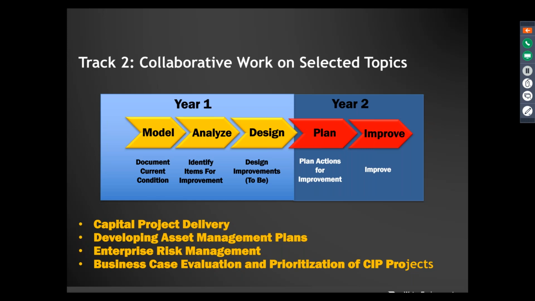So track 2 includes, like Scott described, collaborative work on selected topics. Utility partners form teams and they collaborate to apply the same UAIM methodology, in this case, right now, to 4 selected topics that are listed below. Each of the teams is led by a representative from a utility partner organization.